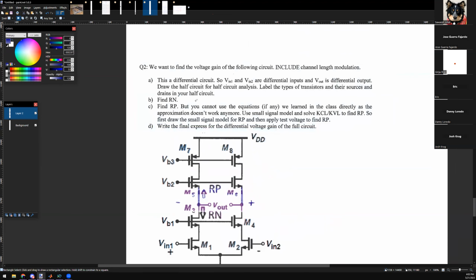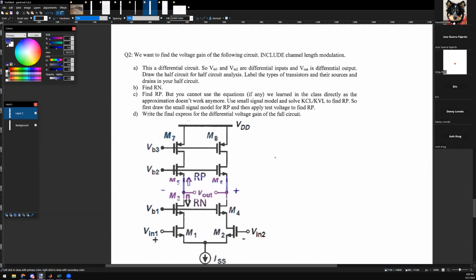Okay, what exactly do you guys need from me here? I want you to find RP looking up for the signal model. RP is just looking at one of these paths upwards, right? We just take half of the circuit. They're both diode connected. Or sorry, no, that's not true. These guys are common. One is NMOS and another is PMOS.